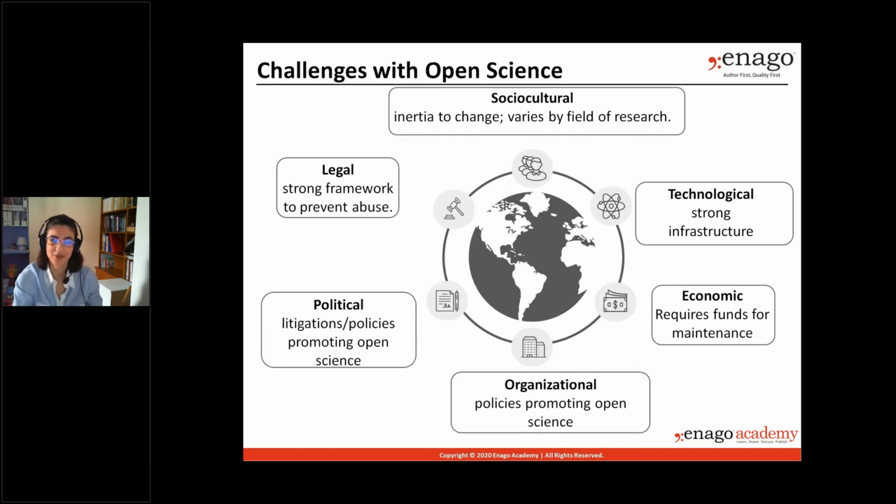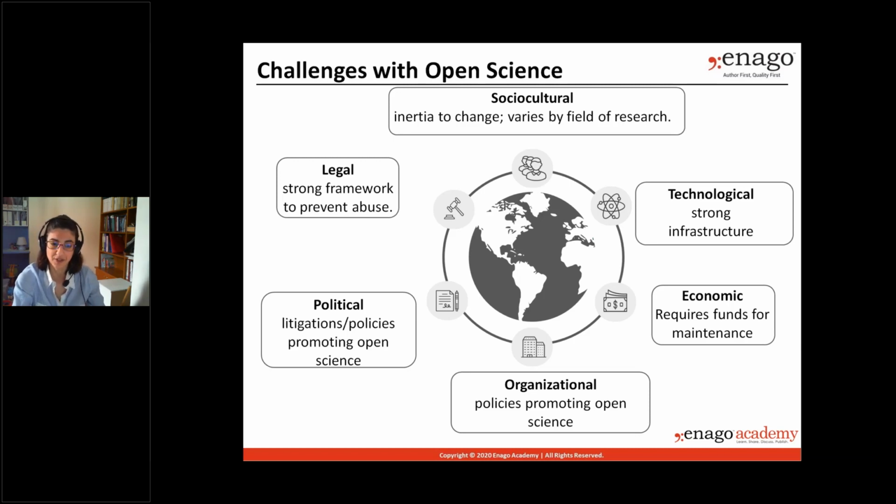Challenges, as always with everything, there are challenges with open science as well. So at the socio-cultural level, there is inertia to change and it can vary from field to field. So adopting open science is a process. It will take time until people are more familiar and more accepting and more willing to participate and contribute to it. Technologically, it requires the appropriate infrastructure, which is also evolving over time.